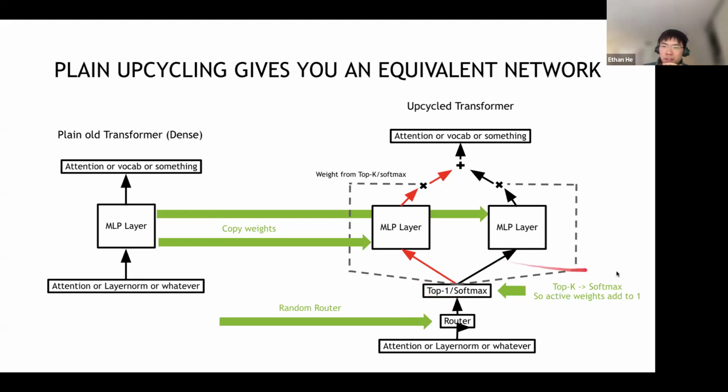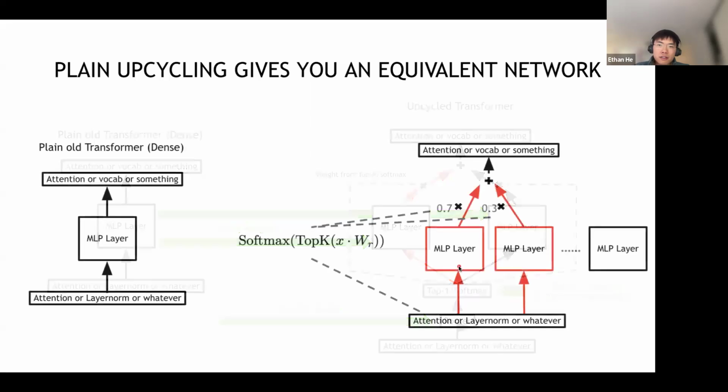There's one caveat here: this model needs to perform the same as the original model in the first forward pass. Otherwise, it will lead to catastrophic forgetting. The trick to maintain this feature is swapping the order of the top K and softmax operators. This is introduced in Mixtral 8x7B.